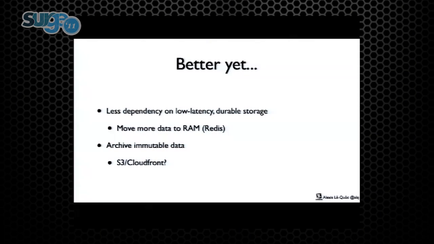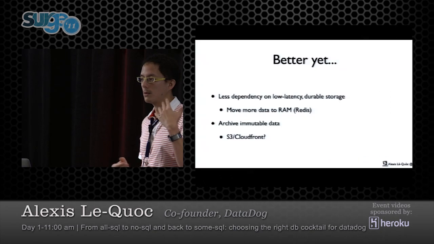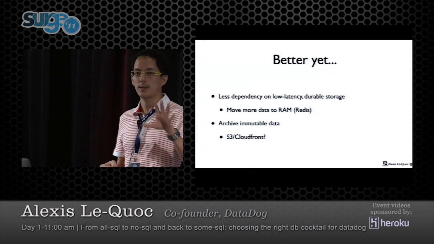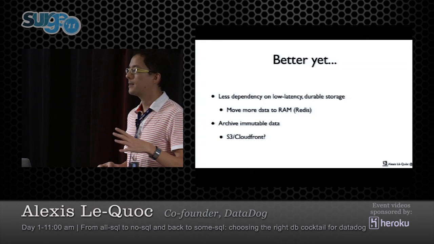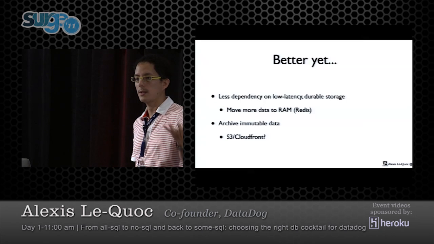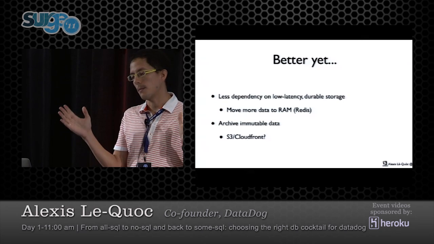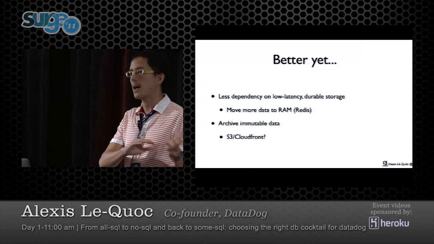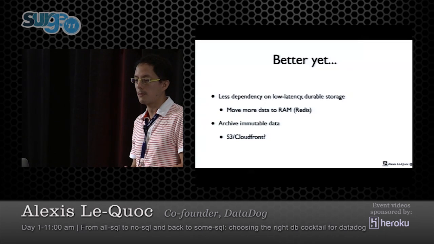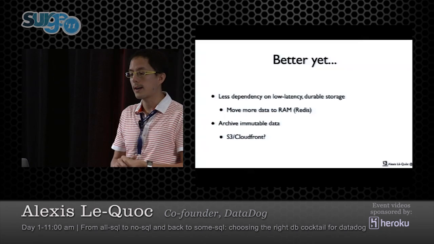What we could do instead, and what we're looking at, is to lower our dependency on long-term storage, or I should say rather, lower our dependency on answering questions using data that's not readily available in RAM. So things we're looking at are adding more and more stuff in RAM as much as possible, and also archive.